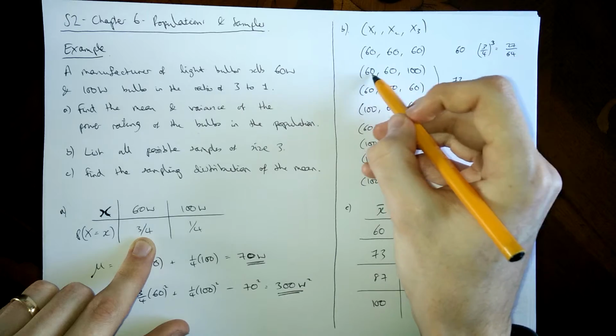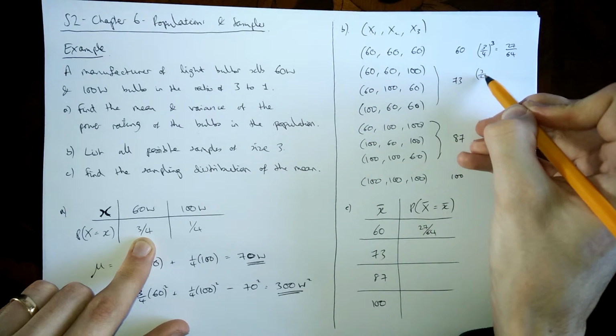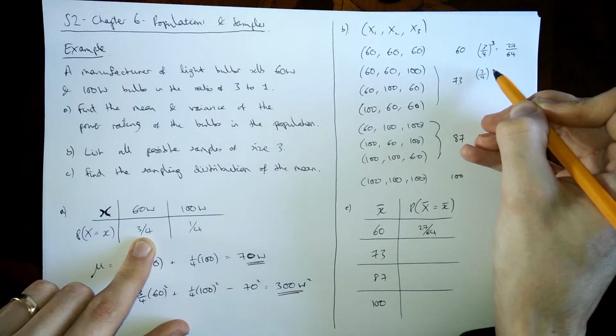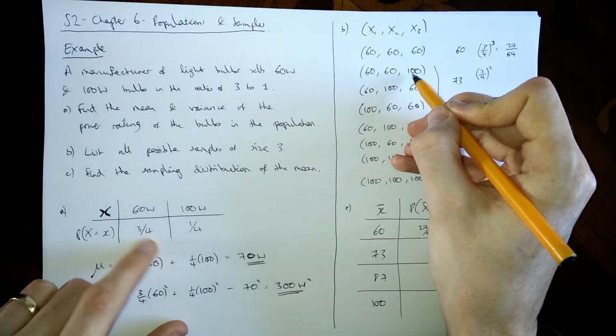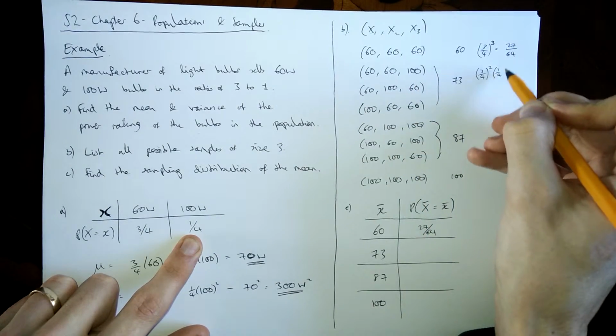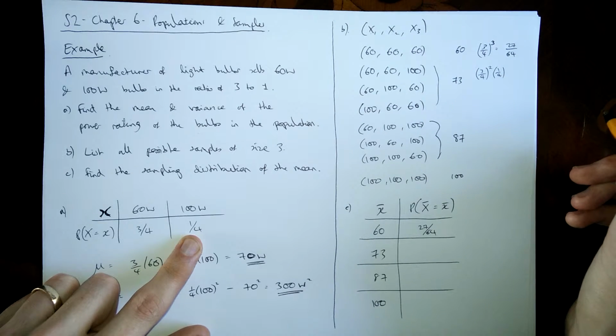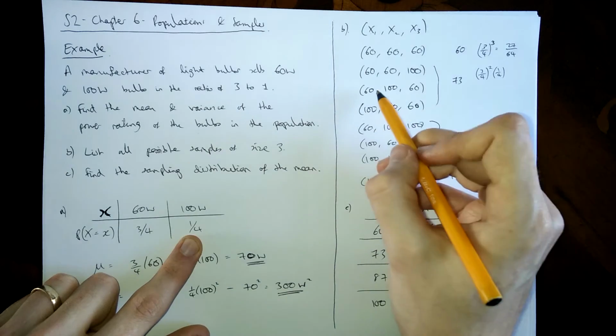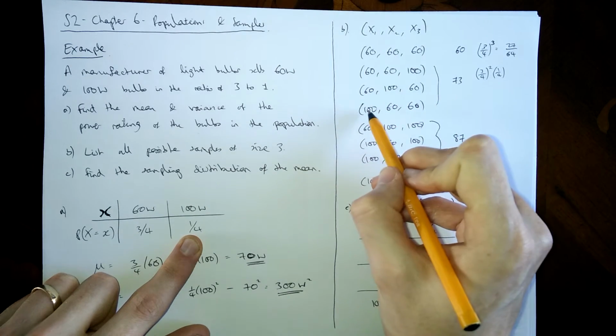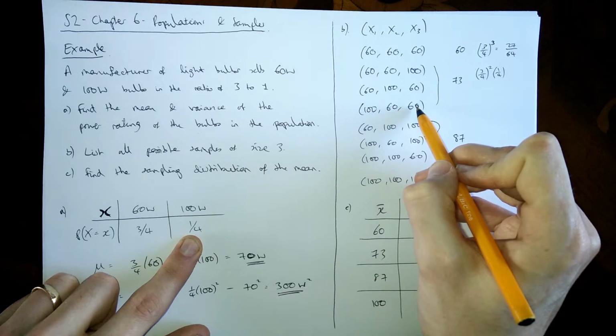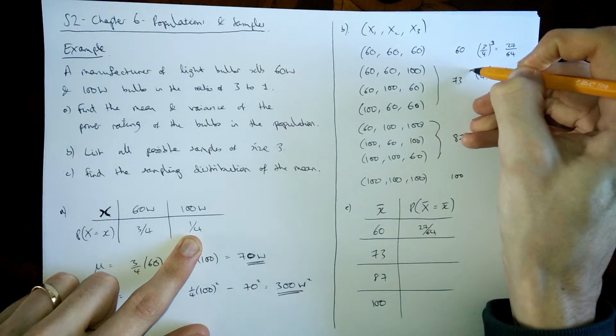Just here, we've got 2 60s, so we've got 3/4 times 3/4, and then a chance of getting 100 is just 1/4. So the chance of getting that one is 9/64. But there's also a 9/64 chance of getting it that way, or a 9/64 chance of getting it that way. So there's 3 different ways of doing that.